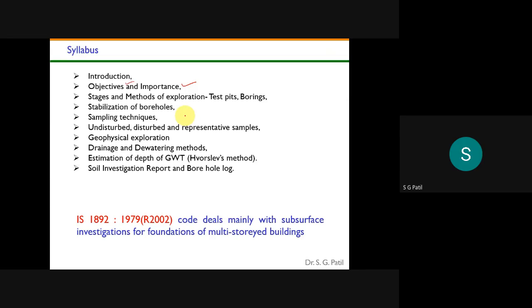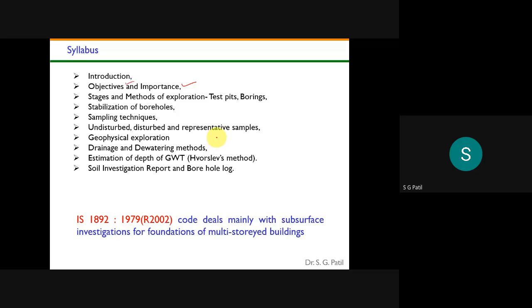Then you can plan the detailed investigation: what kind of boring system is suitable for that particular strata, what kind of in situ test should be done, and what kind of sample should be collected. Even the preliminary investigation includes geophysical tests.